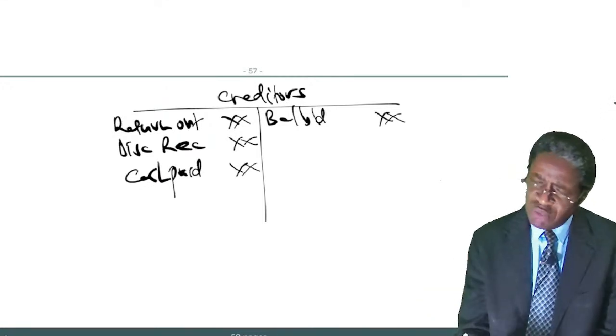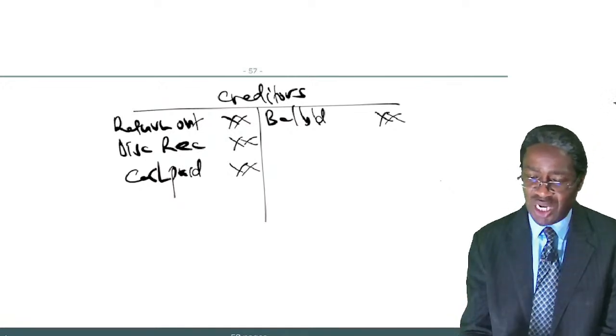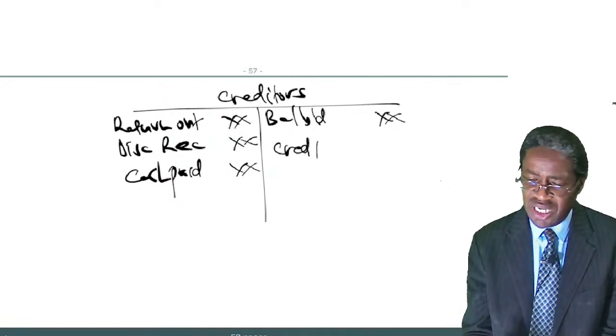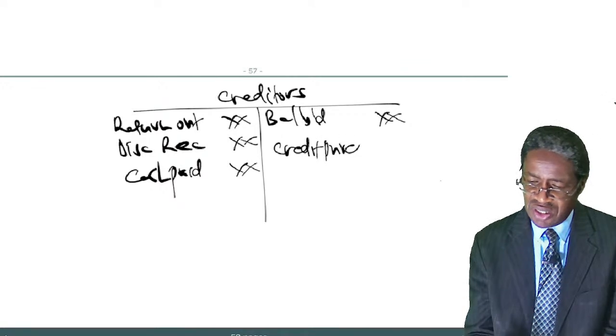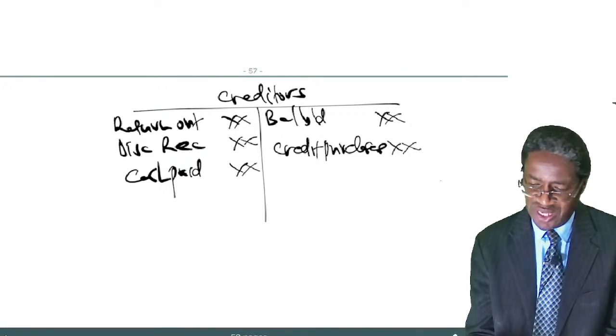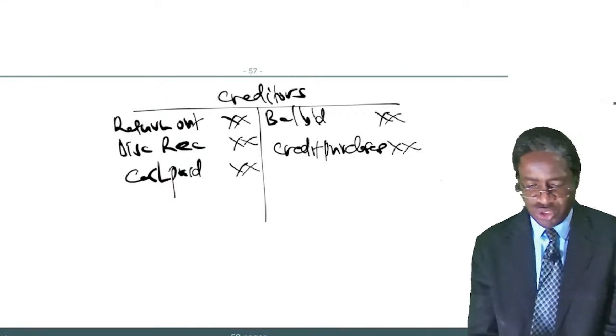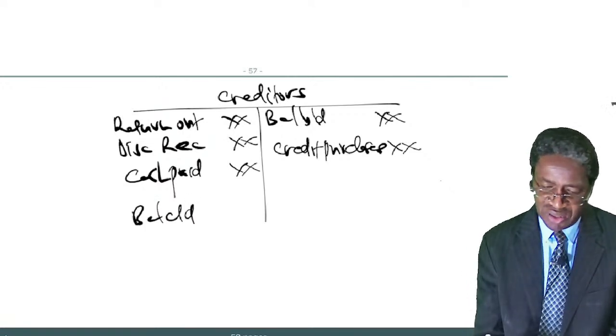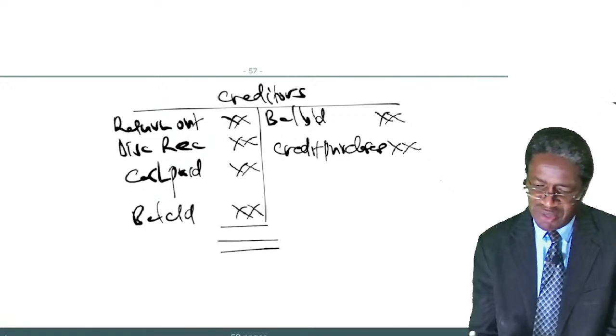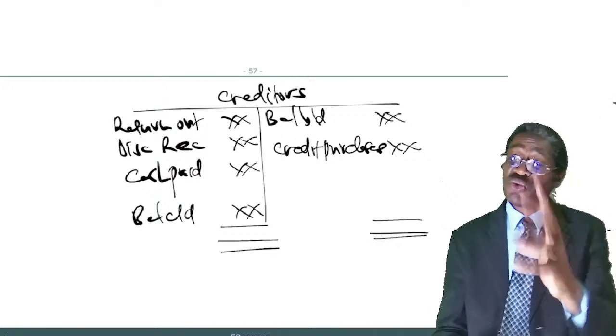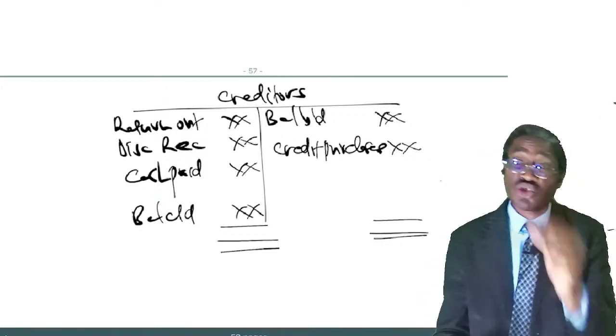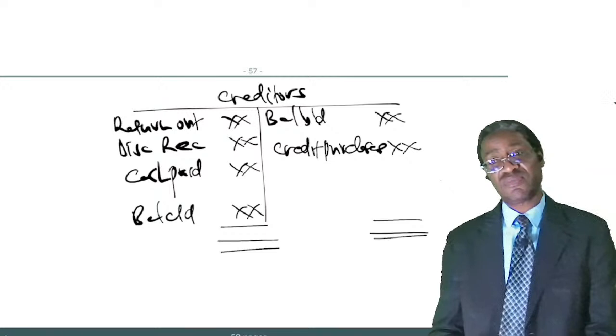Then you also remember, when you are preparing control accounts, you used to come and say your credit purchases, whatever it is. Then, of course, you used to get your balance carried down. That's what I'm assuming, when you are preparing control accounts.